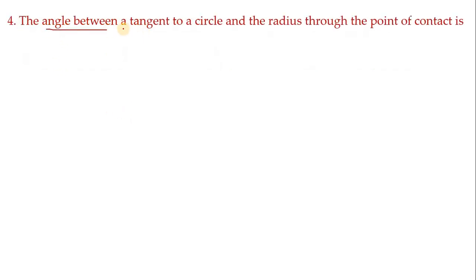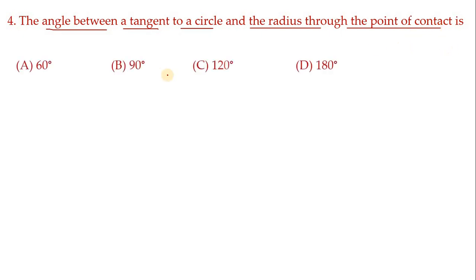The angle between a tangent to a circle and the radius through the point of contact is. Options: 60 degree, 90 degree, 120 degree, 180 degree. Children, understand the statement here.